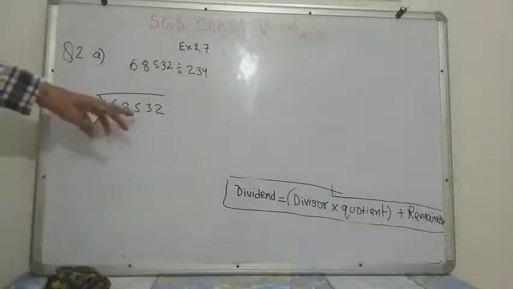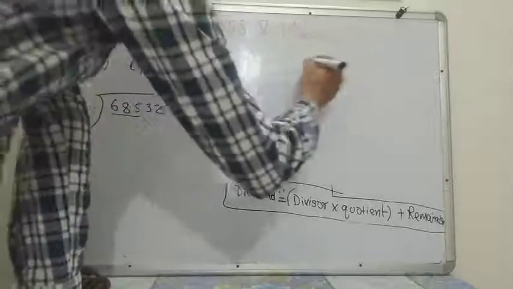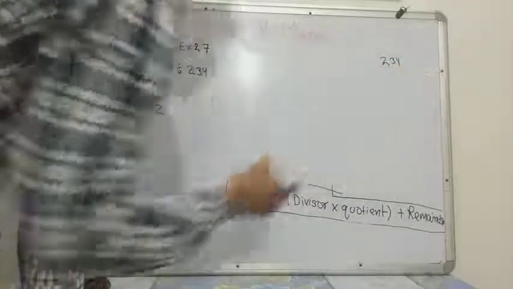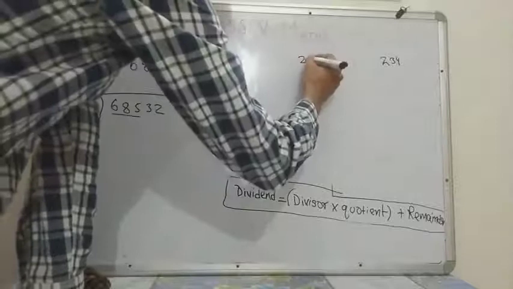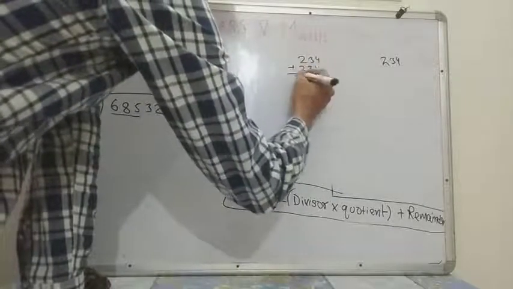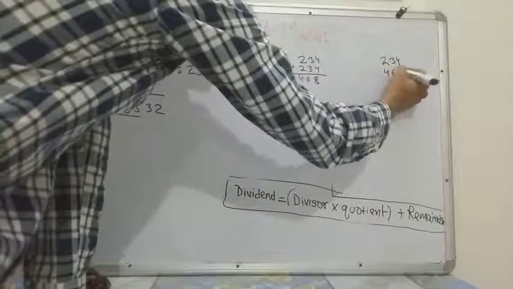Now we are going to check under which multiple 685 comes. If you don't know the table of 234, you should calculate your table like this, as I have told in the previous question. First you write 234, then add 234, you get 468.